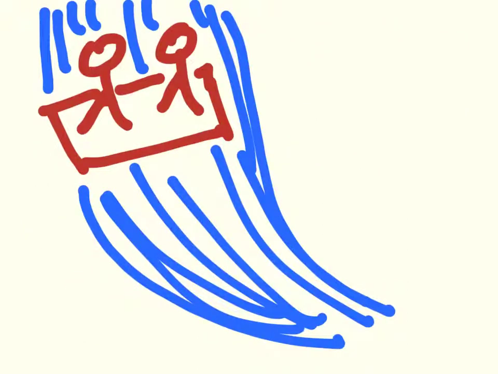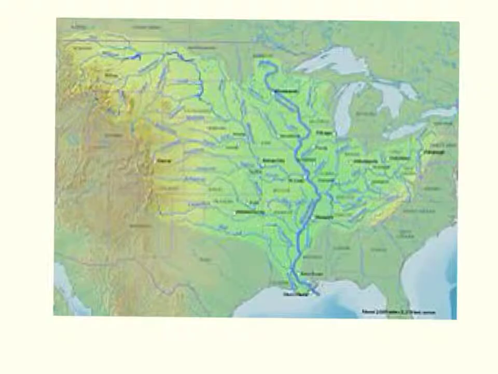So superficially, The Adventures of Huckleberry Finn seems to be the story of Jim and Huck going down the Mississippi River. And here's a photograph of the Mississippi River.